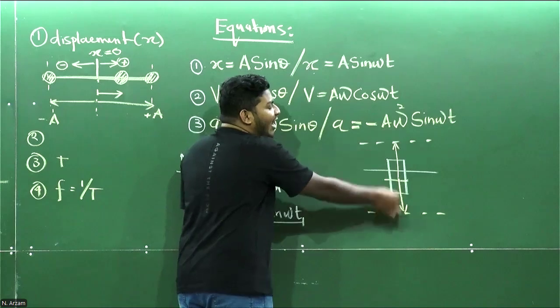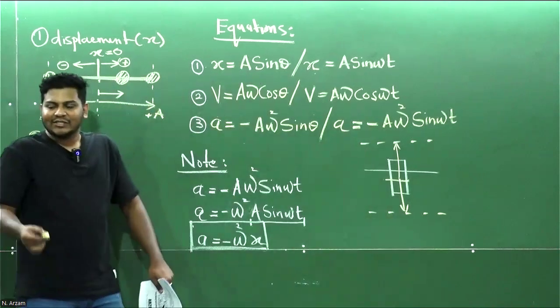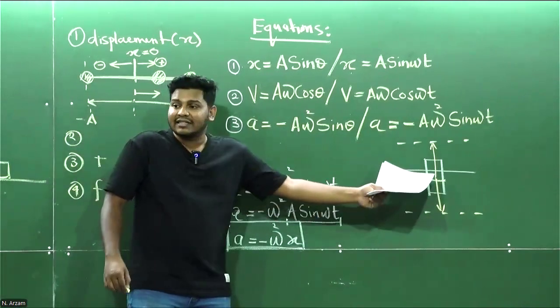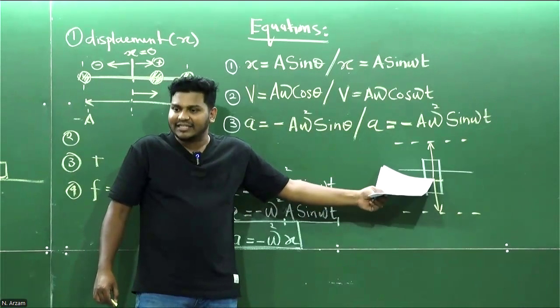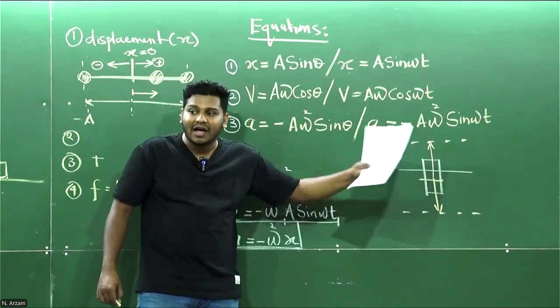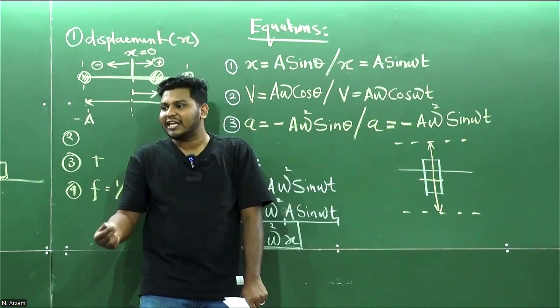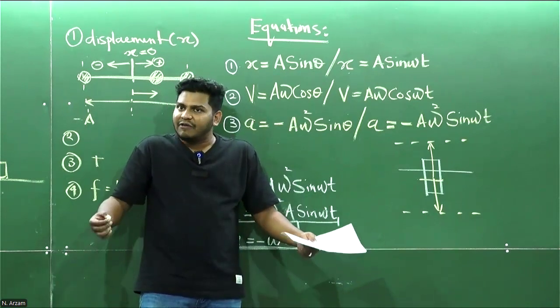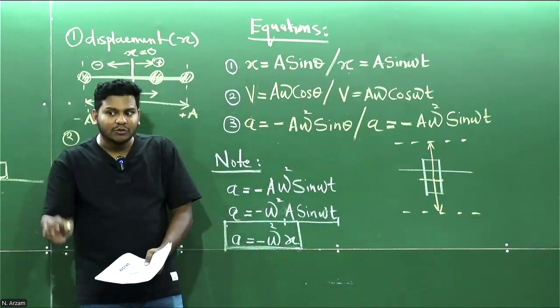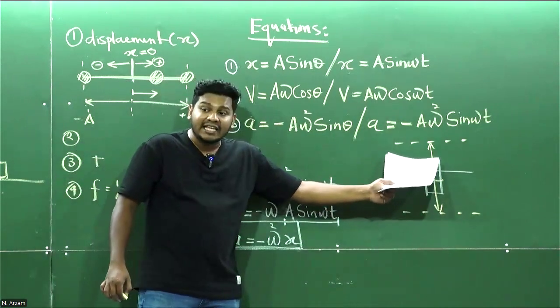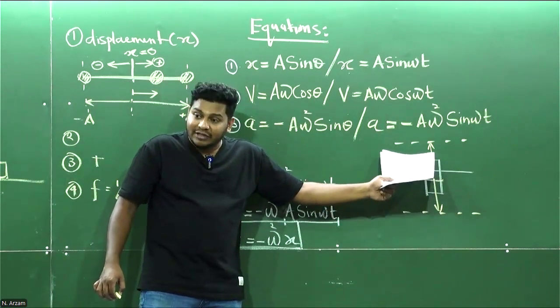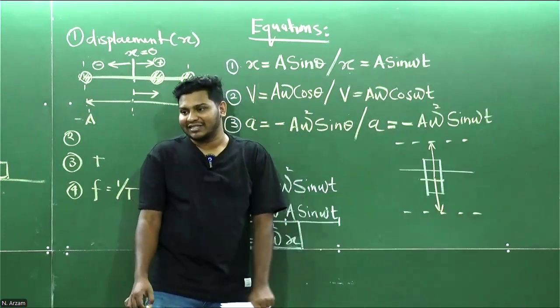So this is a simple harmonic motion, no? They are asking us to prove that this motion is a simple harmonic motion. If we want to prove that, what we want to do is get an equation for the acceleration of this motion, right?